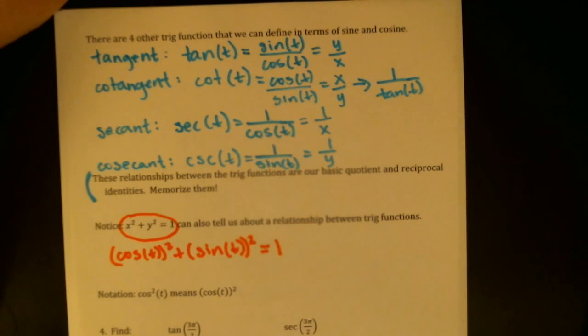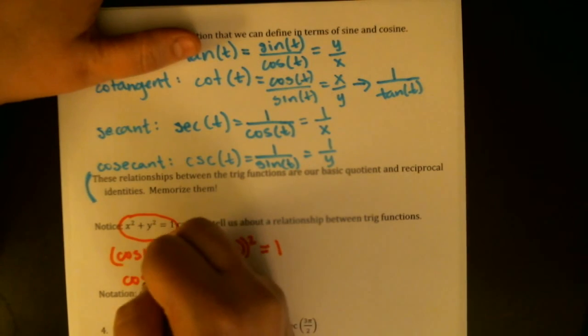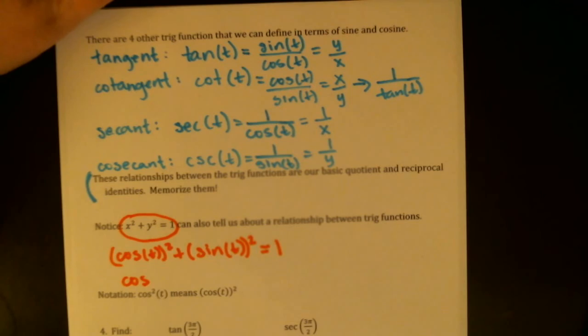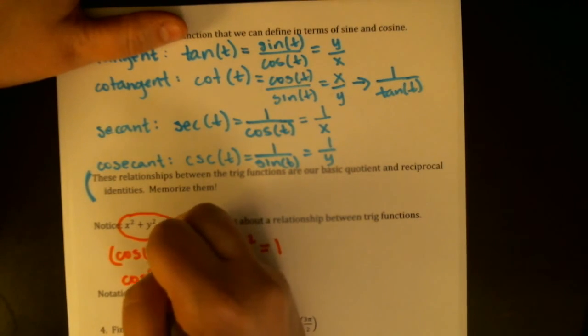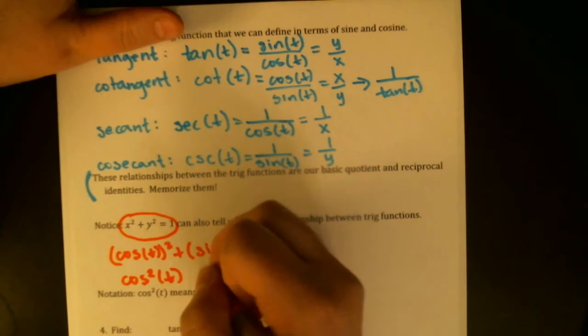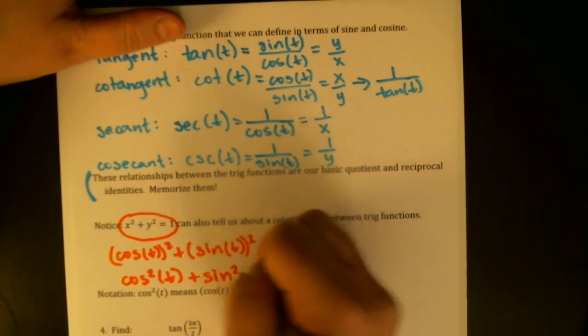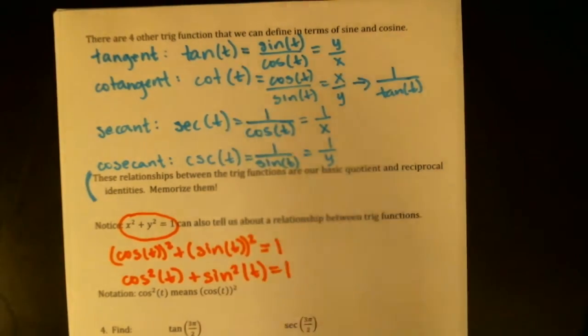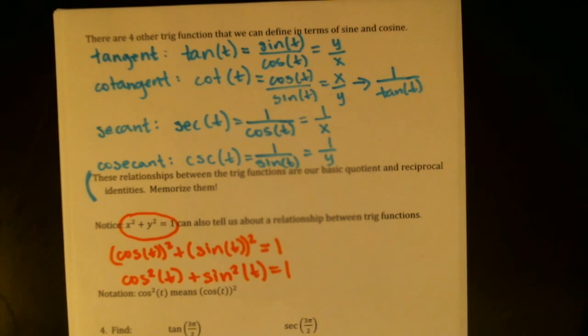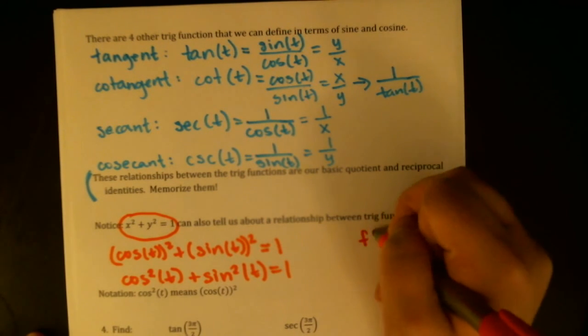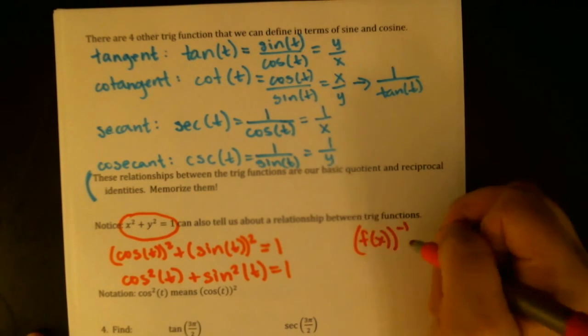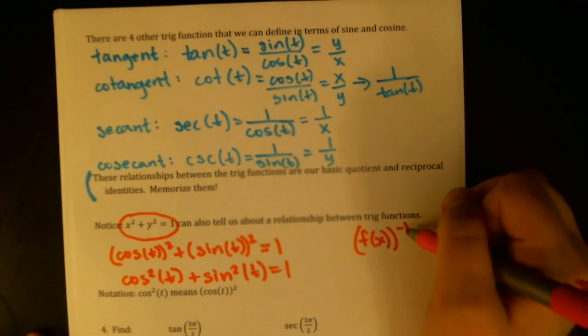I'm going to rewrite just a little bit because there is a shorthand notation that we use with trig functions. Powers on trig functions are pretty common. So instead of writing it with the extra set of parentheses, we will generally write it this way. I kind of like this and I kind of hate this. I like it because it is a little easier and cleaner to write. I don't like it because so far we've said that you want to be really careful with your notation, because if you take something like f of x to the -1, that really means raise f to the -1st power.